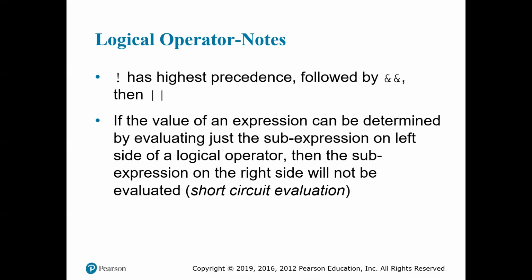So if you have a reason for wanting to do that, which as you get into more difficult programs, you may want to do, then you would use the 1 ampersand or the 1 or. But if you don't have an actual reason for wanting to check all the sides, then you should use both, because it saves time. And there's no point to check the whole expression if you don't have a valid reason for wanting to do that.